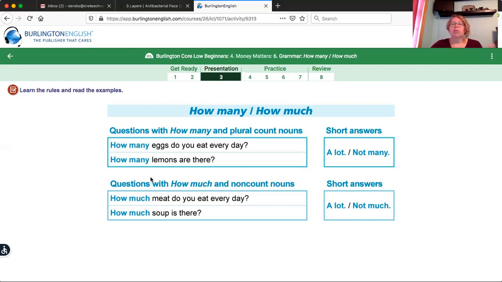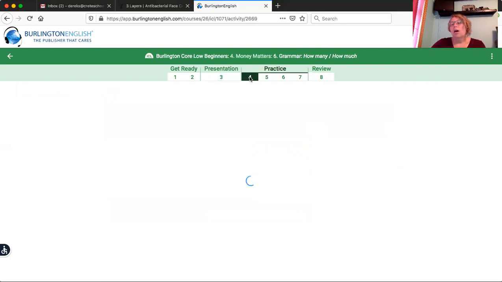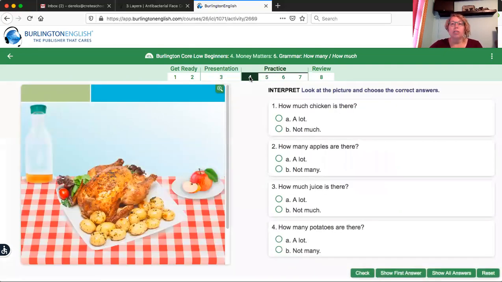So I'm going to go through and show you some examples of these type of questions and using that, okay? So here's our picture. Think first about what foods you are seeing. So give yourself a minute in English. What are the foods in the picture?